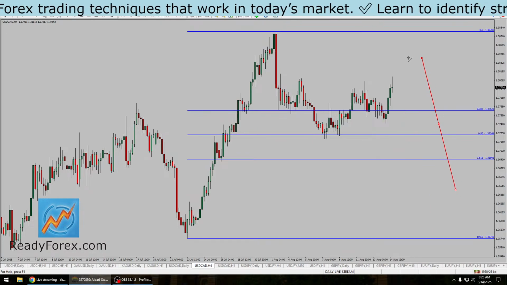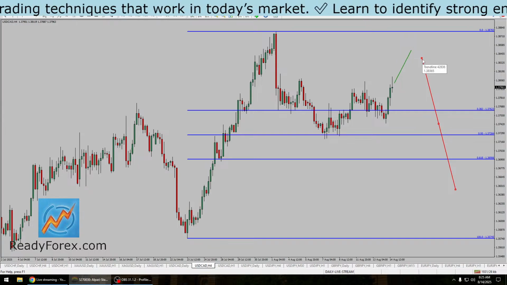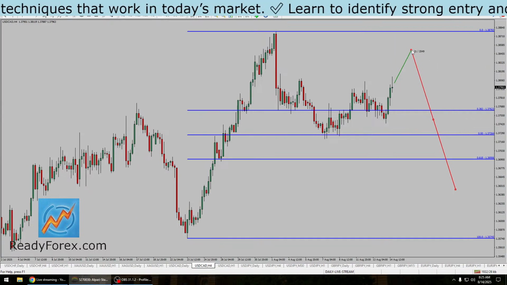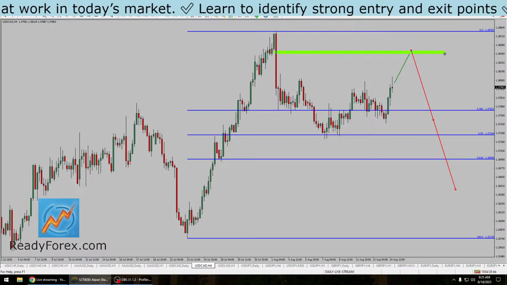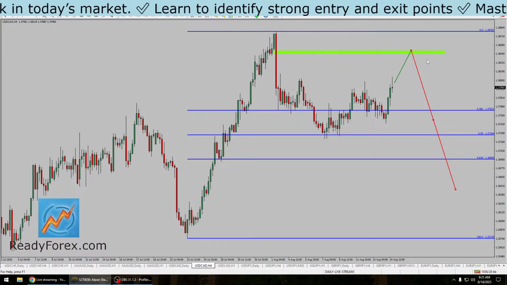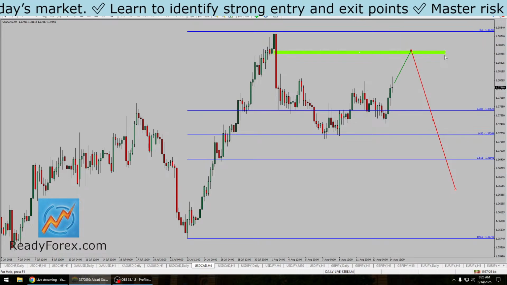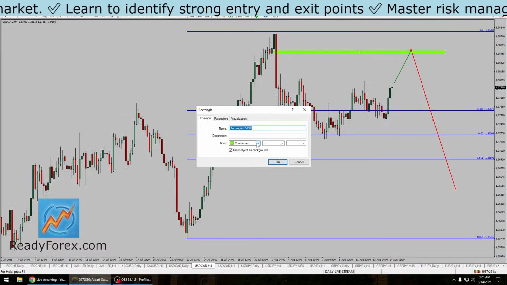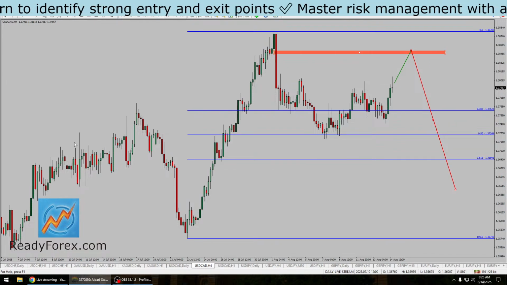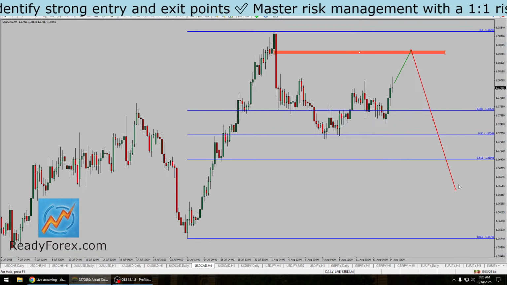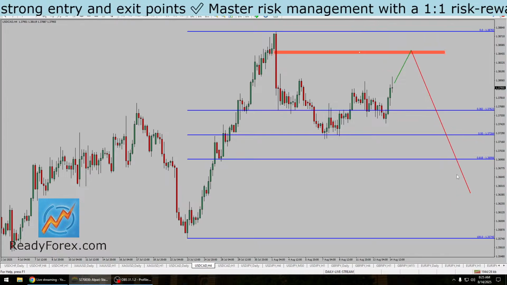So wait for a deeper retracement. Okay, there's the level right over here. So wait for the deeper retracement or a pullback over here in USDCAD. Okay, and then the market is probably going to turn around.